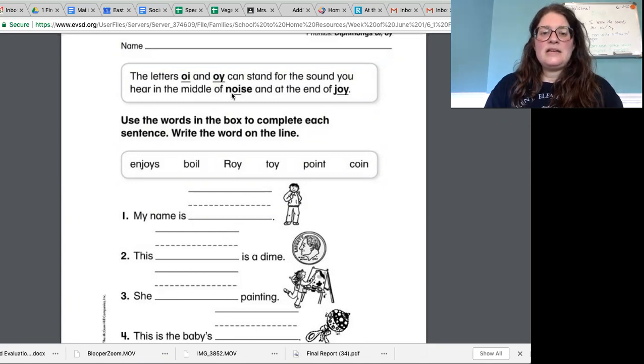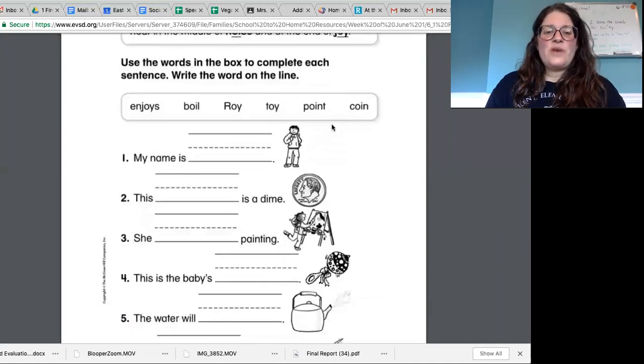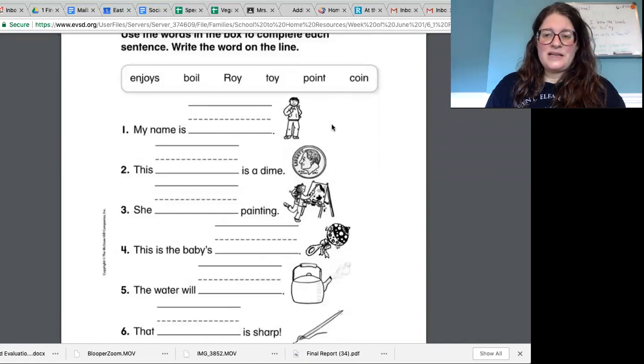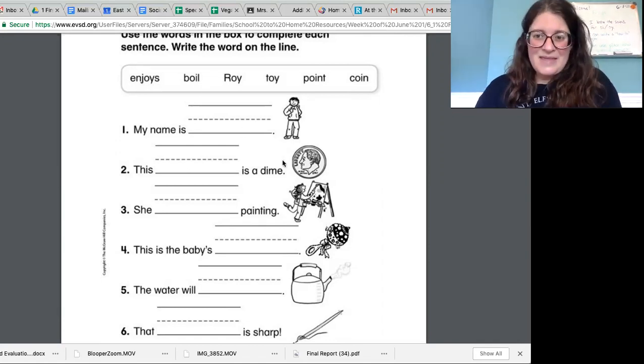The OI is usually found in the middle of words or sometimes at the beginning, like the word oil. And OY is usually always at the end of a word, like joy. So noise and joy. When you watch my little video with the oi sound, see if you can start to memorize and notice the OY at the end, and the OI in the middle.